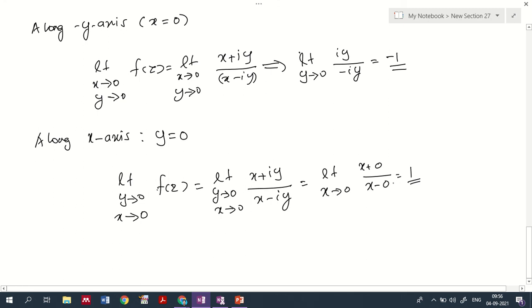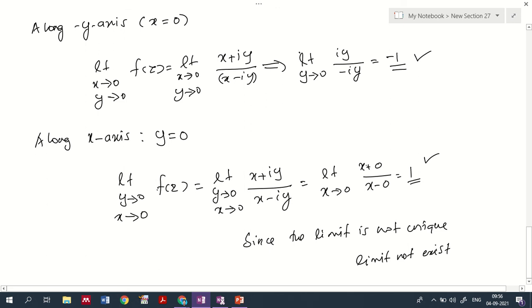Since the limit is not unique, the limit does not exist in this case, because when you consider along the y-axis, this has the value -1, and when you consider along the x-axis, this value is 1. So the limit values are interchanging when you consider different axes. That means since the limit is not unique, the limit does not exist.